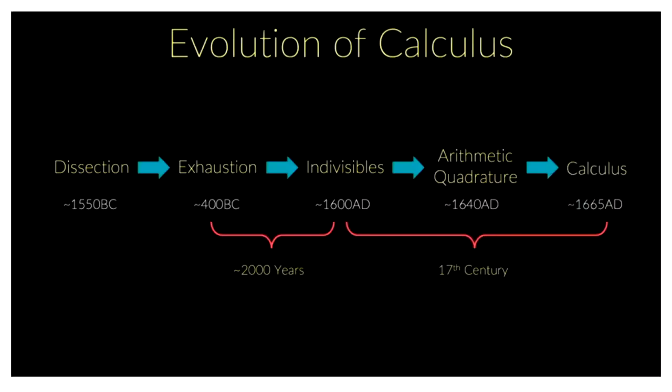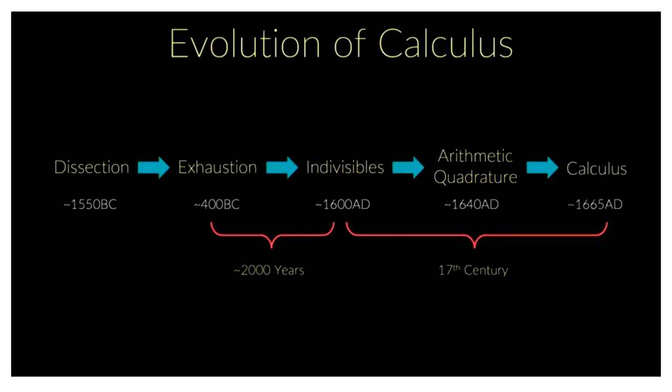There is about 2,000 years between these developments that they did in ancient Greece and what we're going to start talking about today, leading to calculus. 2,000 years. Huge gap. The irony is that from 1600 to 1665, 65 years, this huge jump happened like that.